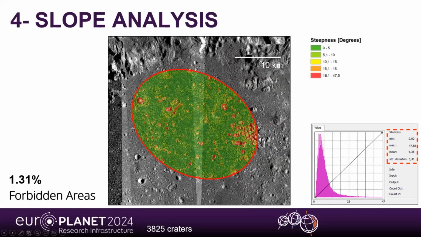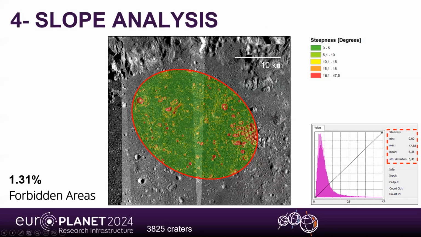And then we also analyzed the slope of the area, like you do with the slope map, but we mapped all the forbidden areas. In our case, those were the areas with a steepness over 16 degrees. So all the red areas are the forbidden areas mainly, and we mapped them.